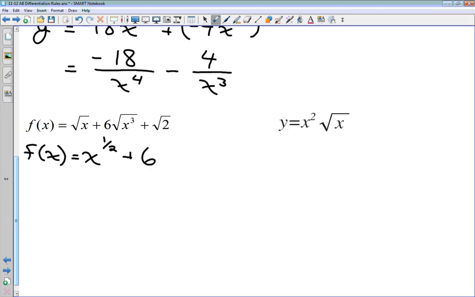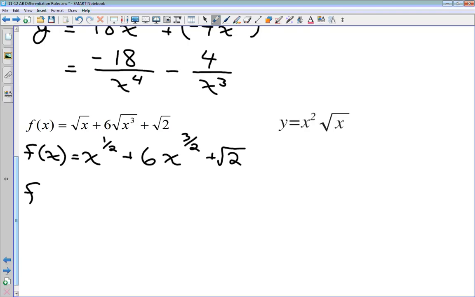If we've got the square root of x cubed, the cubed gives us the numerator of our exponent. If it's square root, we're going to have a 2 down in the denominator of our exponent. And the root 2, we can just leave as root 2 because we know that root 2 is just a number or a constant, and when we take the derivative of that, it's just going to go to 0.